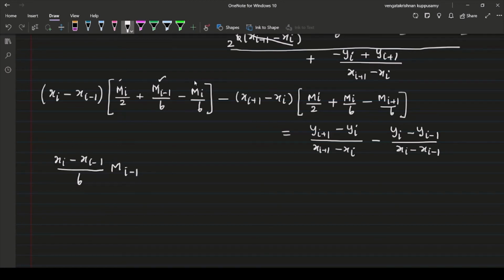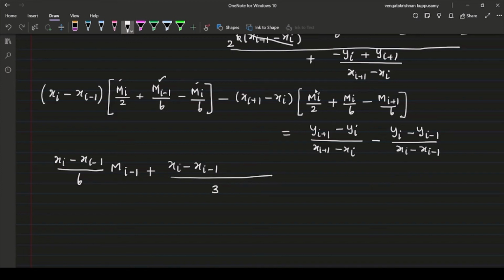Next, collect the m_i terms. So this is going to be plus (x_i - x_{i-1})/3.